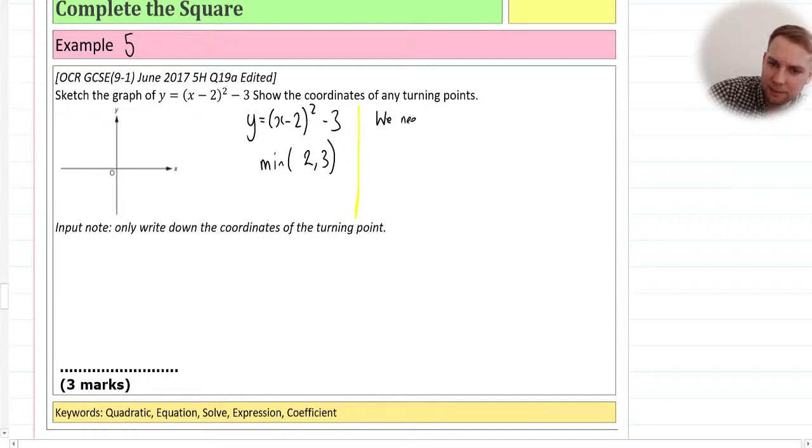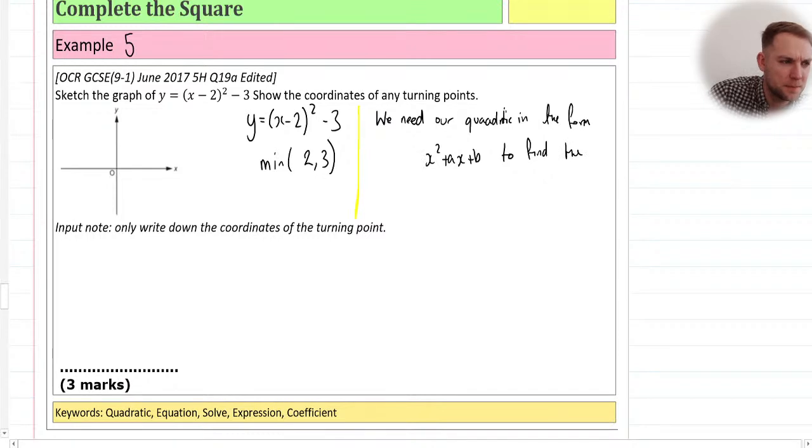We need our quadratic in the form x squared plus ax plus b to find the intercept. Just spotted as well, I put that should be there, -3, shouldn't it? Because it's the same for the y, yeah? And I said that and didn't write it.